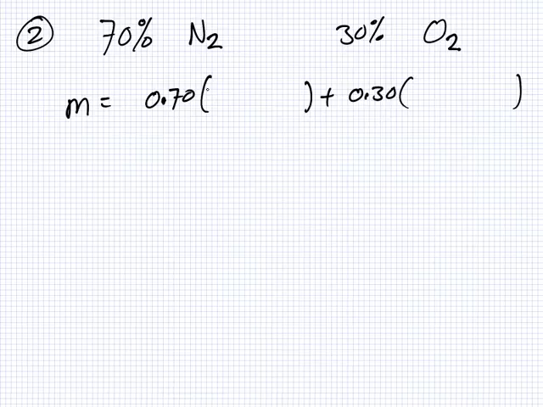What's the molar mass of nitrogen? 28.0134. And oxygen? 31.9988.